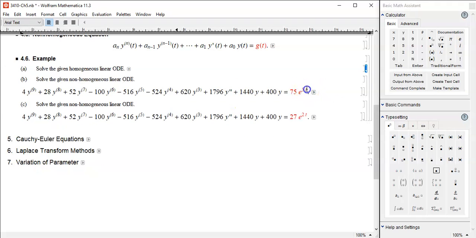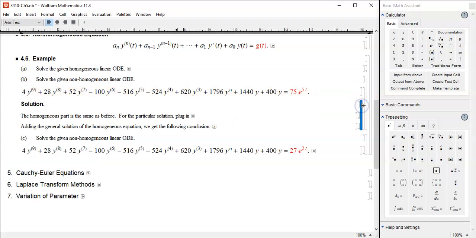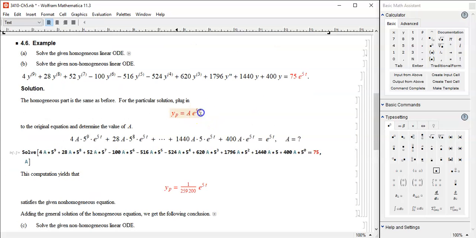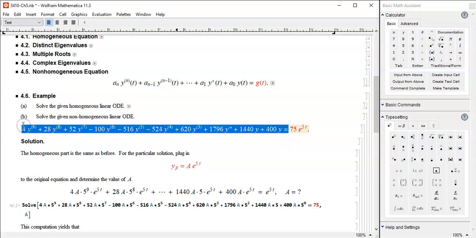And here, we don't have any overlap, and then we have eigenvalue 5 from this particular solution. So, okay, we're going to take 8 times e to the 5t power, and then we're going to plug it in here.